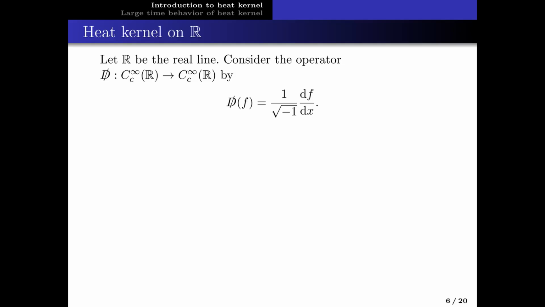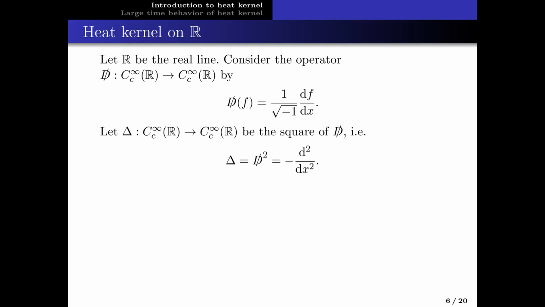Actually, it has a fancy name and is called the Dirac operator on the real line. I put this imaginary number here to make it self-adjoint. For my talk, I will focus on the Laplace operator, the square of this Dirac operator.